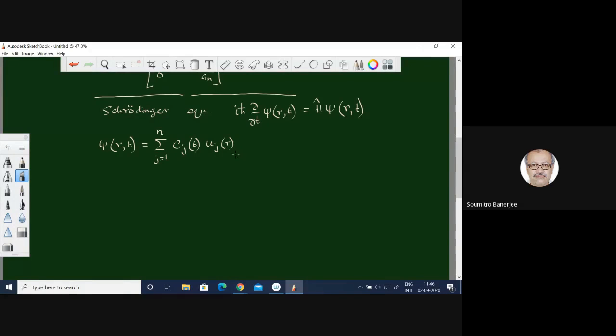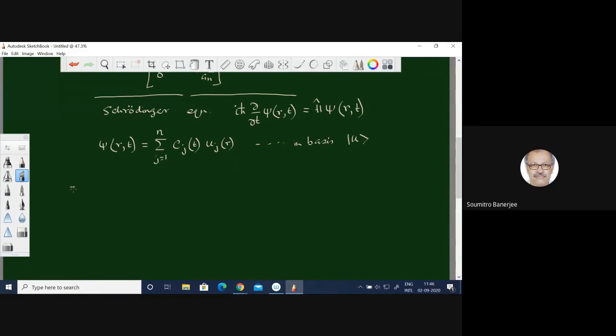In this basis, I am not at the moment specifying, but you know that it can be expressed in the energy basis, where the energy eigenfunctions can act as the basis vectors.